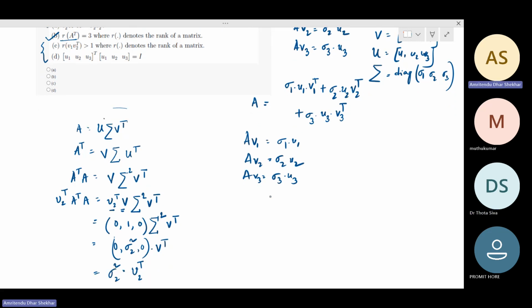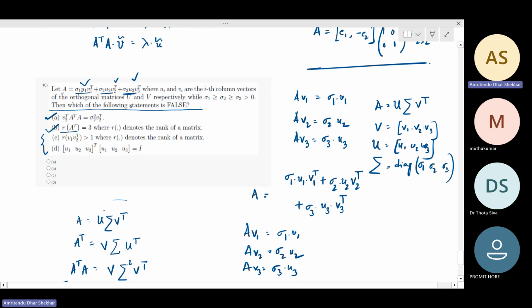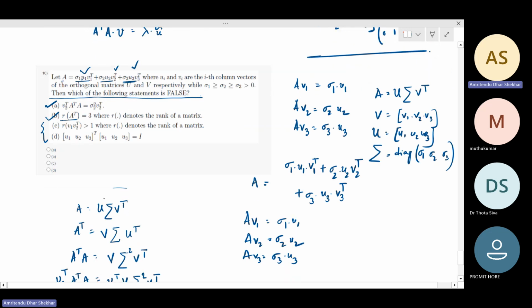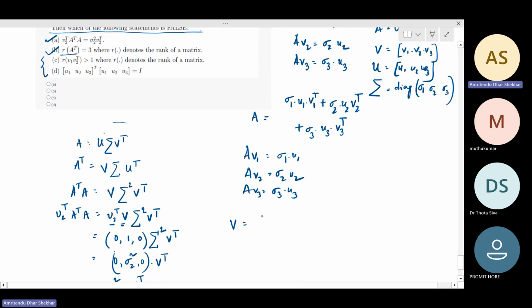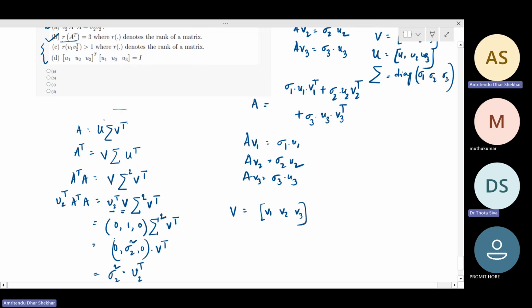So this is the SVD of A, right? So V has V1, V2, V3. When you do V2 transpose of V, you're basically taking inner products of V2 with V1, V2 with V2, and V2 with V3.